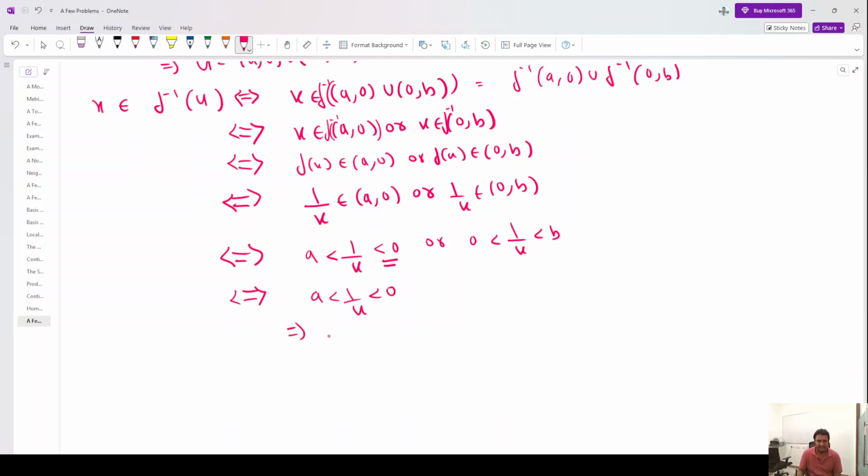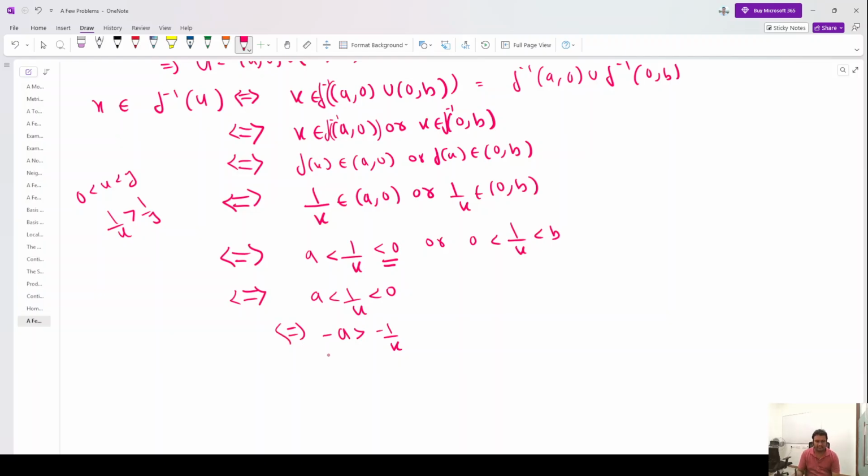This implies minus a is bigger than minus 1 upon x. Now if you see, these are positive numbers. So whenever for positive numbers you have x less than y, what can you conclude? What is the relation between 1 upon x and 1 upon y? The sign reverses, right?